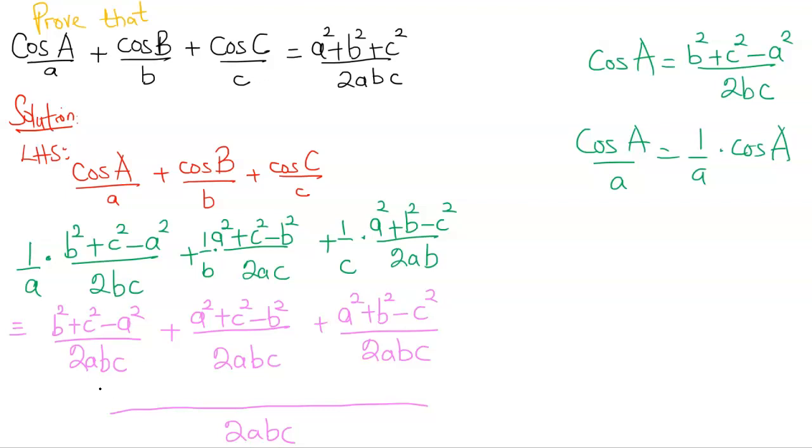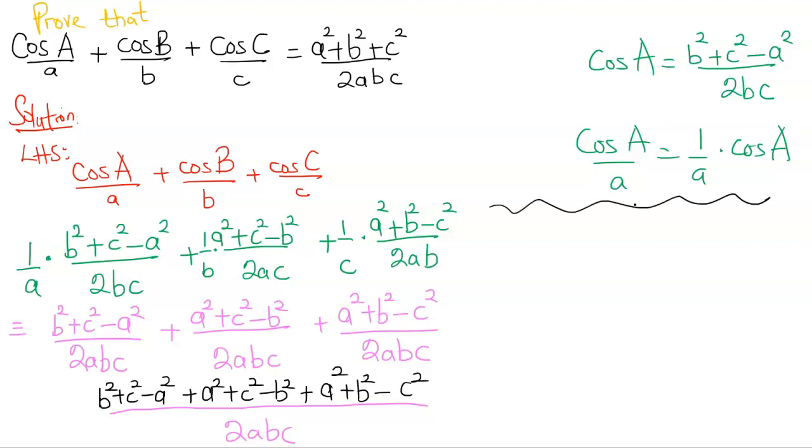The first part is b squared plus c squared minus a squared. The second part, plus a squared plus c squared minus b squared, then plus the third part, that's a squared plus b squared minus c squared. Now, we've got a b squared here. b squared minus b squared, that's gone. There's a third b squared, so we are left with a b squared.